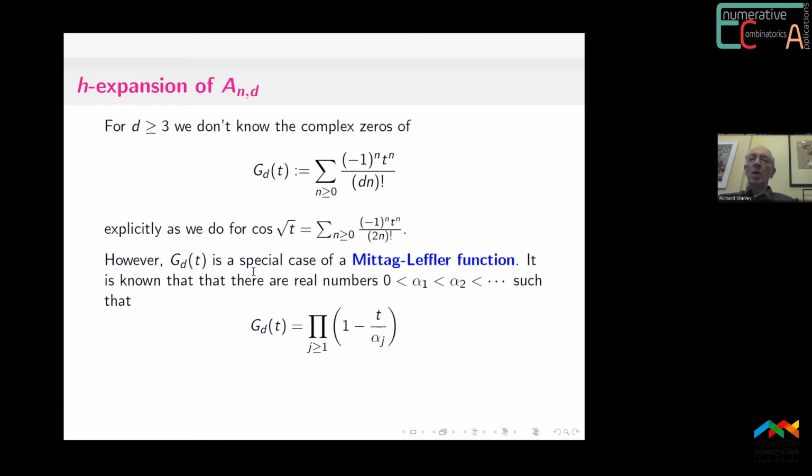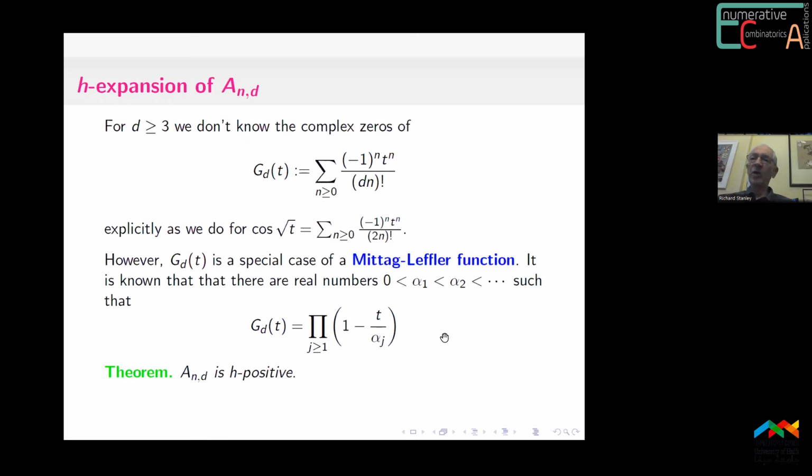However, these power series, considered as actual analytic functions, are a special case of so-called Mittag-Leffler functions, and it is known that their zeros are all positive real numbers, and they're distinct, alpha 1, alpha 2, and that the Weierstrass product expansion of g_d(t) is just this simple product.